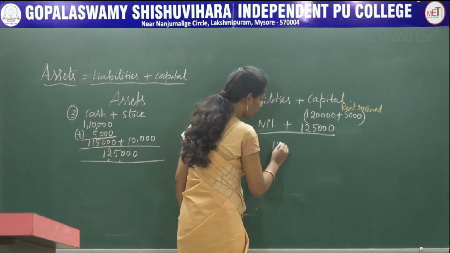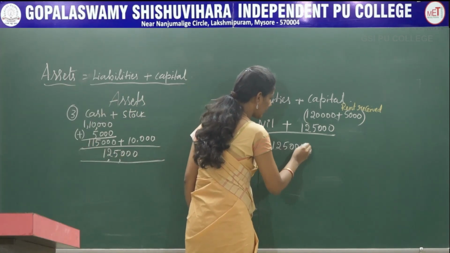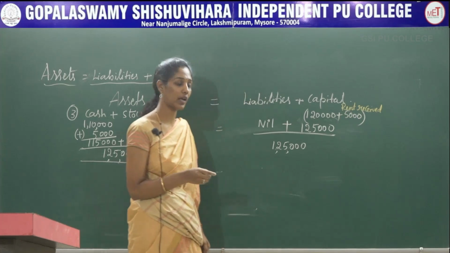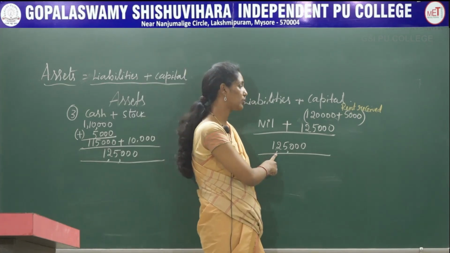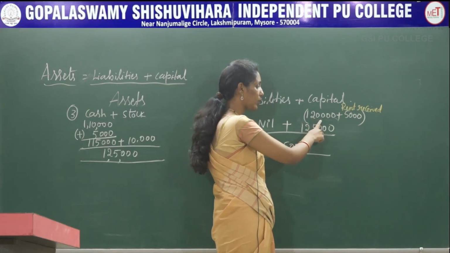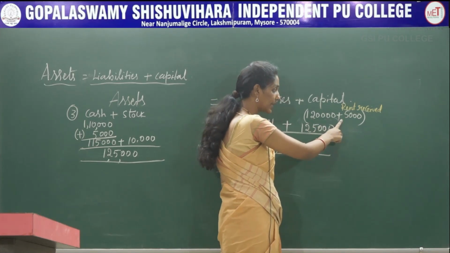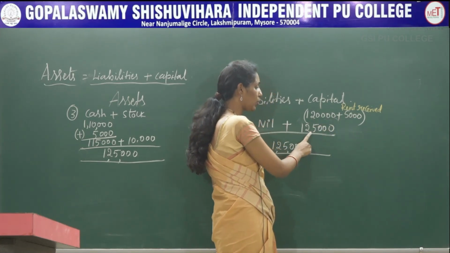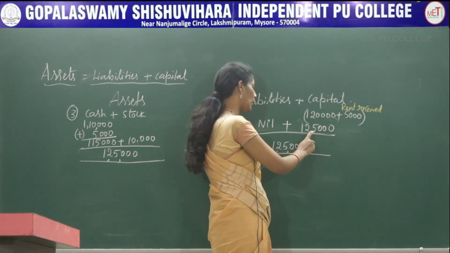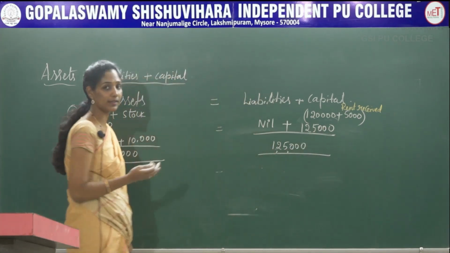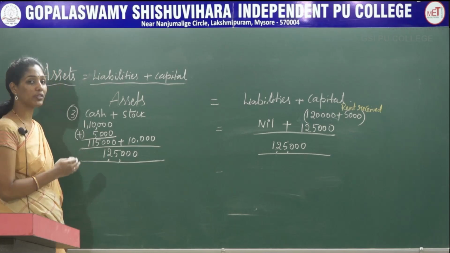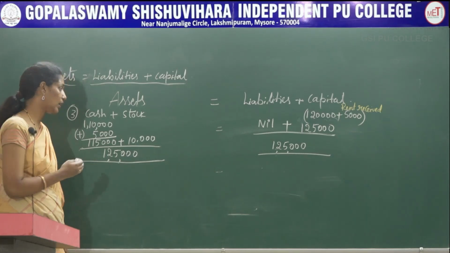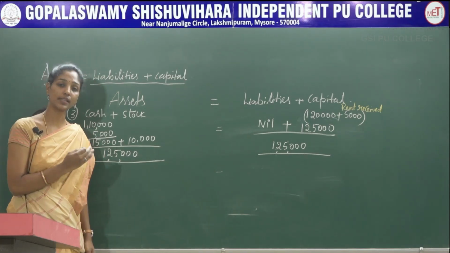On the other side also, you will get the same balance of rupees 1,25,000. So how did 1,25,000 come here? Capital balance 1,20,000 plus rent received 5,000, 1,25,000. So now both the sides of the equation get tallied. So now this accounting equation is correct.